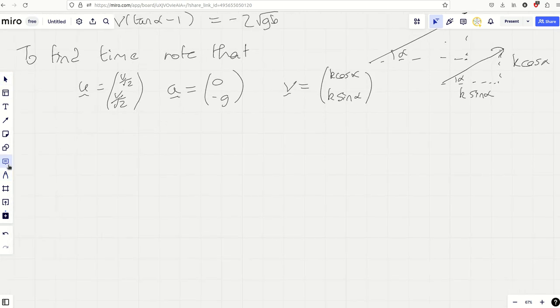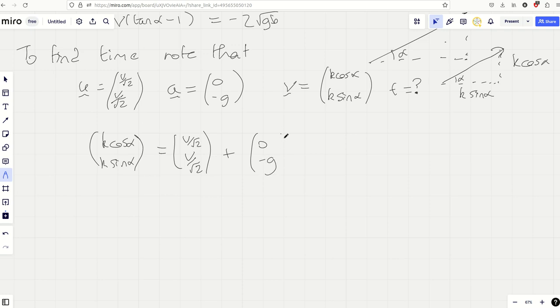Okay, what I'm going to do now is find a time. t equals question mark. This is how I often set up my SUVATs when I'm doing projectiles. I basically write down 4 letters, 3 of which I know and 1 which I don't know. Okay, so v equals u plus at, so k cos alpha, k sine alpha equals v over root 2, v over root 2, plus 0, minus g times t.